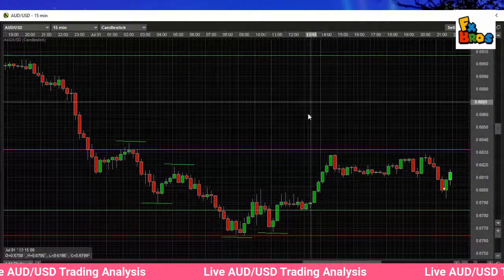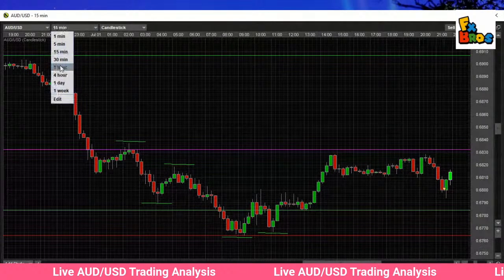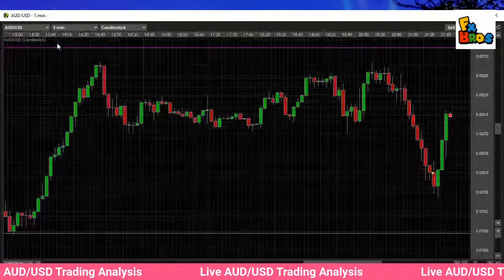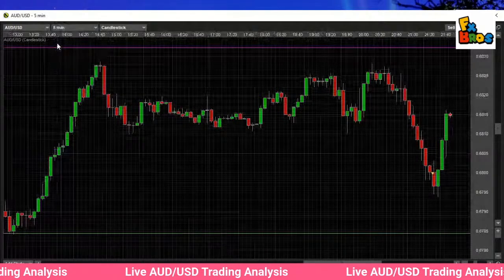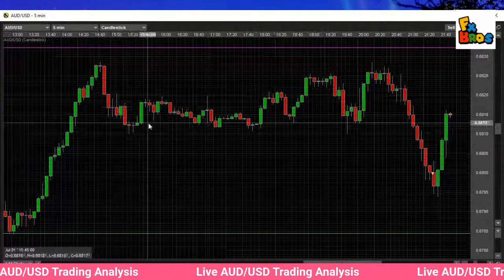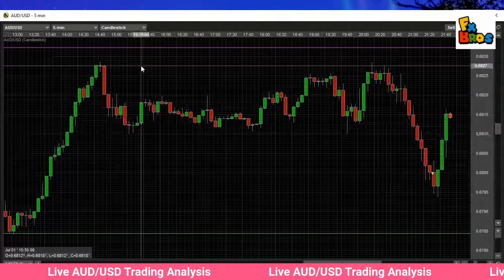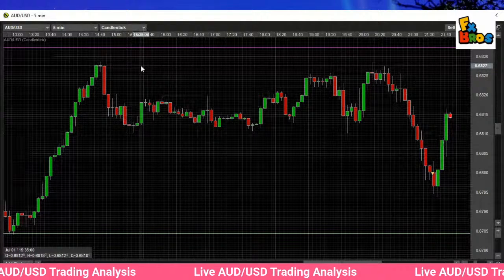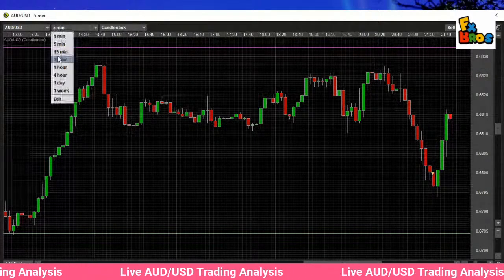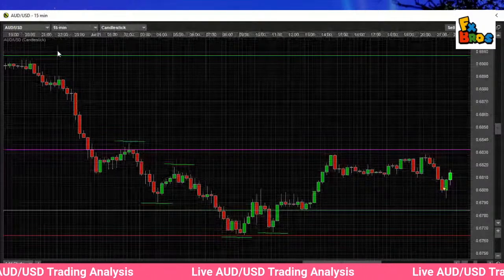Still in its daily range. Rejected that area pretty heavy.